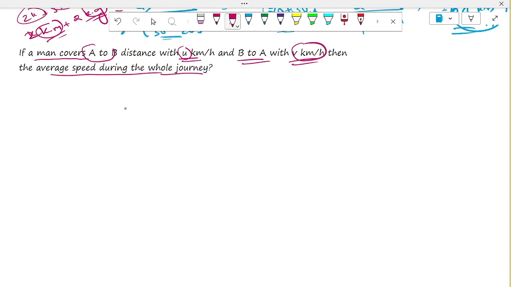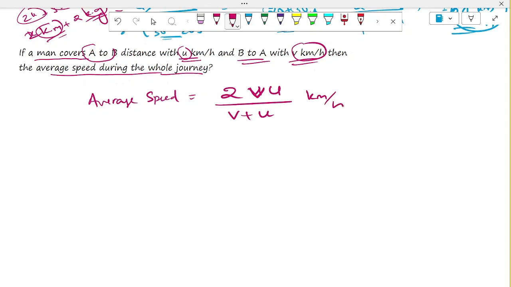There is a standard formula we can use. Average speed is equal to 2 into V U divided by V plus U, kilometer per hour, if the question is in kilometer per hour. This is the formula.